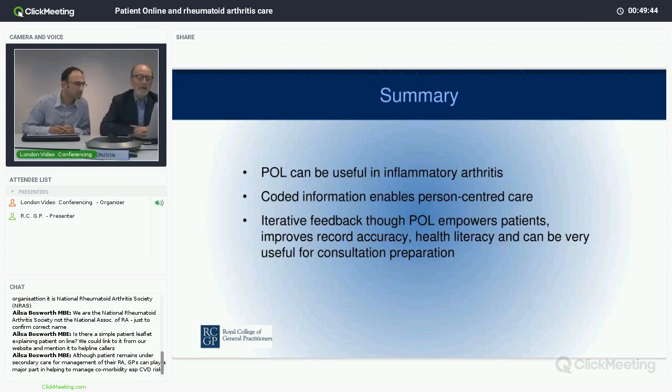The next one: some investment in patient education is required to ensure that patients can really get the best out of Patient Online records. Are there plans by RCGP to include this in some way? Yes, the answer to that is yes, to both elements. Health literacy, patients being able to understand their records, is absolutely central to them having access to their record.